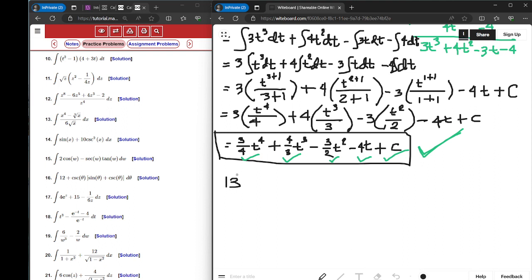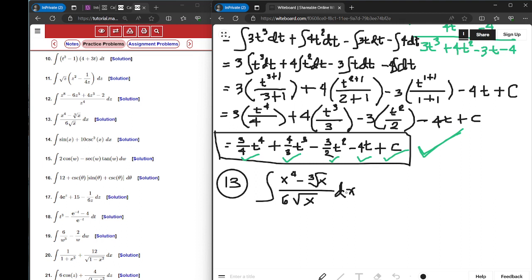Number 13, right? And that is the integral of x to the fourth minus the cube root of x over, I think that is 6 times square root of x, then dx.